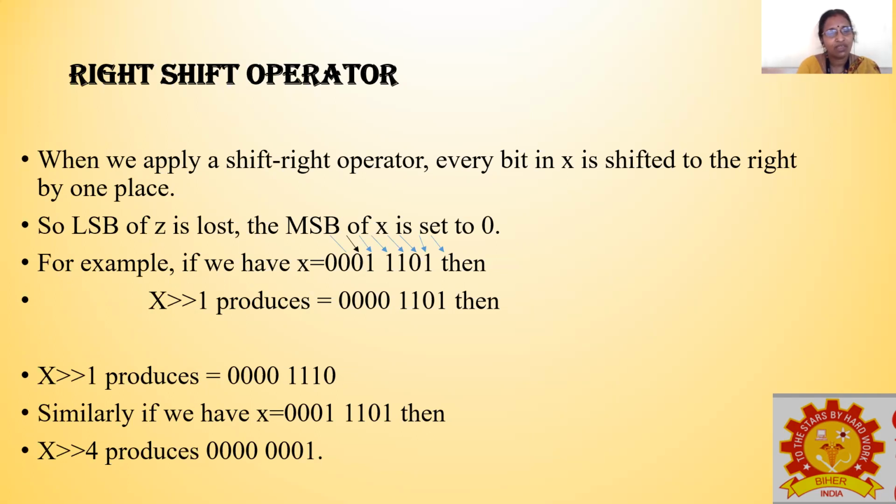Similarly, if we have x equal to 0001 1101, then x right shift 4 shifts all these bits 4 places to the right and gives you 0000 0001.